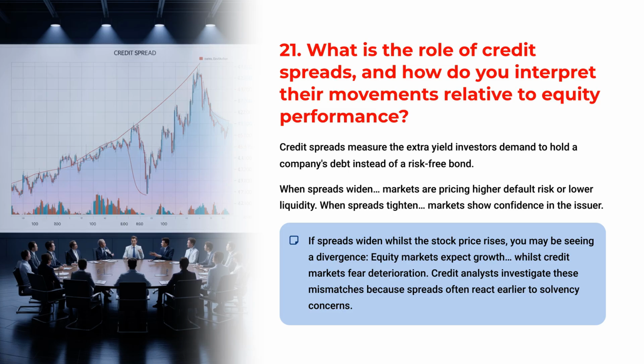When spreads tighten, markets show confidence in the issuer. If spreads widen while the stock price rises, you may be seeing a divergence. Equity markets expect growth, while credit markets fear deterioration. Credit analysts investigate these mismatches because spreads often react earlier to solvency concerns.